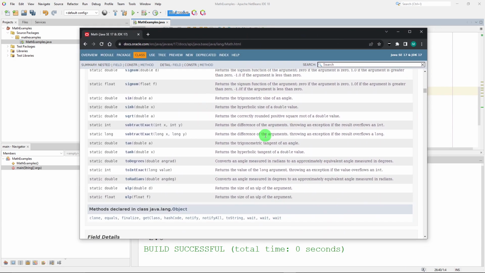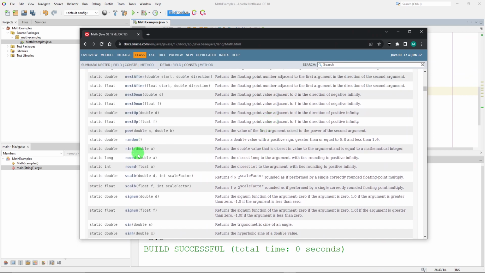Okay, and go to the rounding methods. And you can see we have a couple different ones: rounding with doubles as the parameter, and rounding with floats. So if we pass it a double, it's going to return a long. If we pass it a float, it's going to return an int.